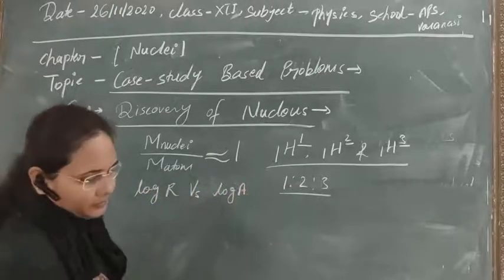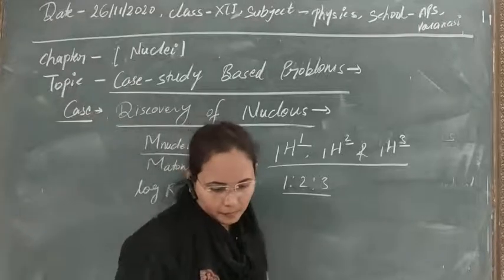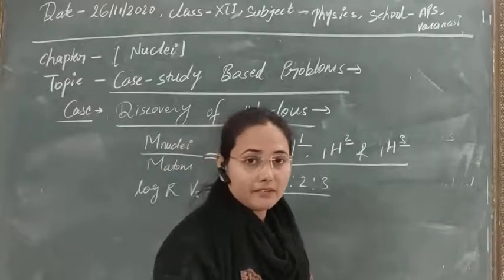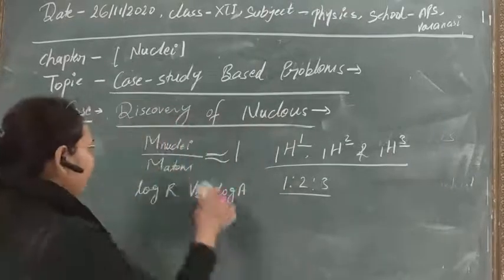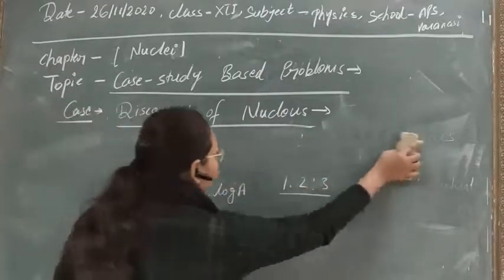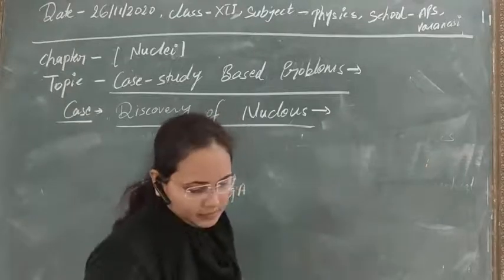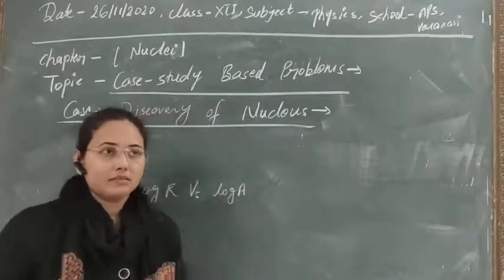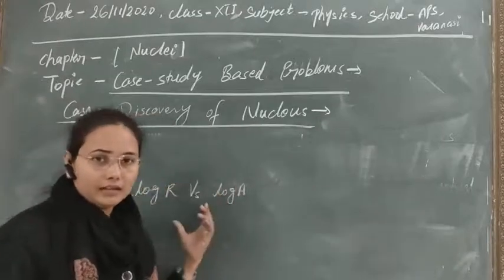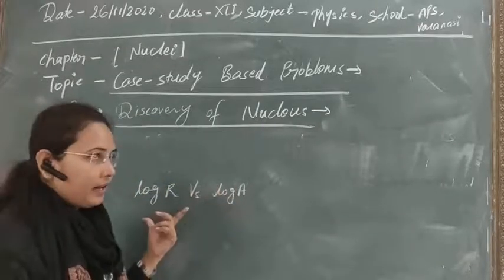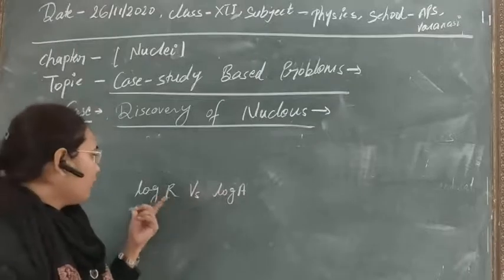Log a. What will its graph represent? Suppose that we have two quantities. One is r, its radius, meaning we have a nucleus with radius r and mass number A, and now we have to take the log of it.